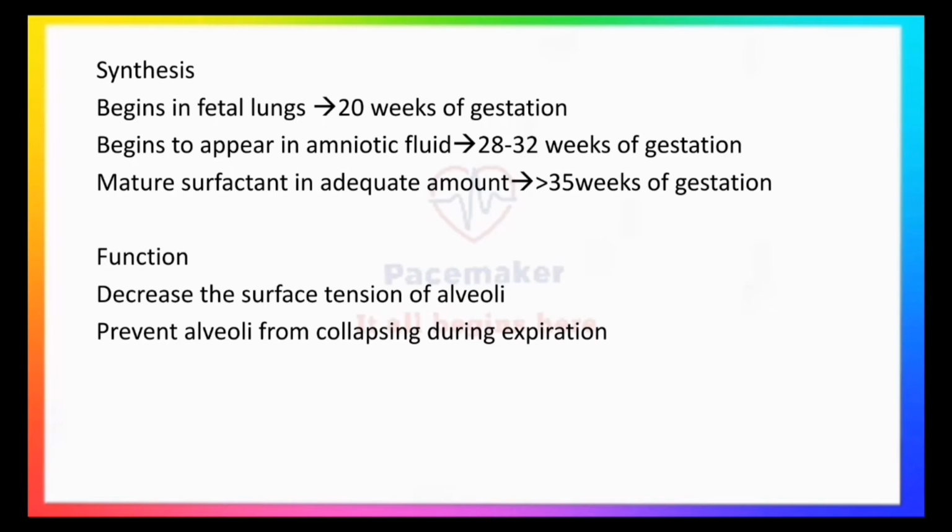Because of the drop in pressure, the alveoli tend to collapse, but surfactant prevents alveoli from collapsing during expiration. That is the most important function of surfactant, and if the surfactant is deficient, alveoli will collapse and there will be dyspnea. So let us look at the pathophysiology of RDS.